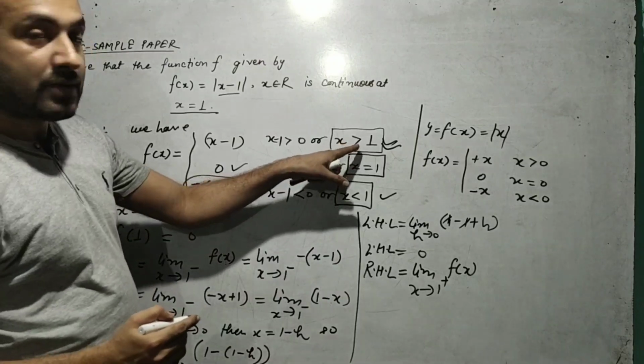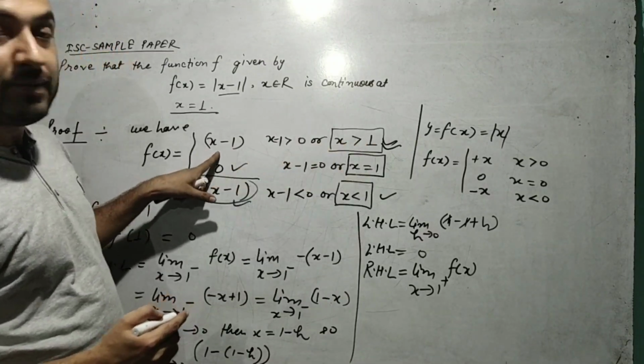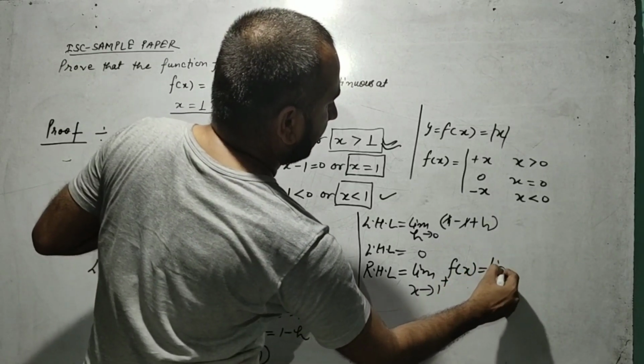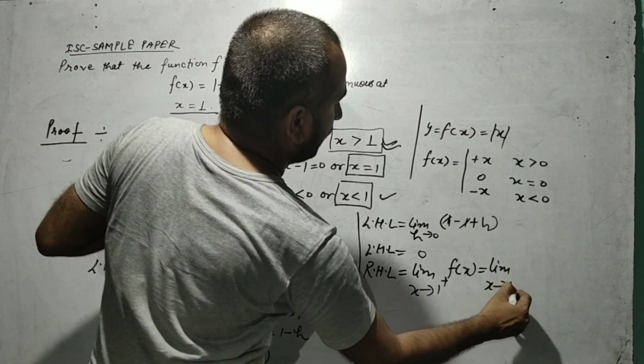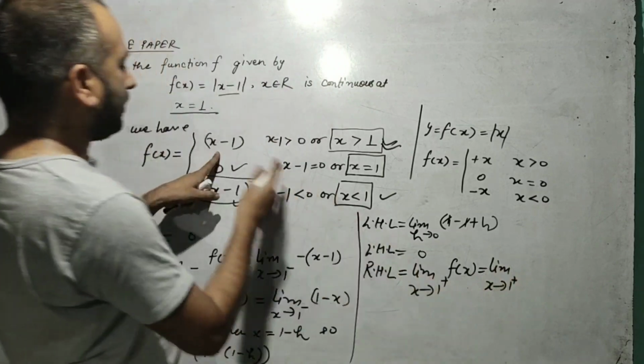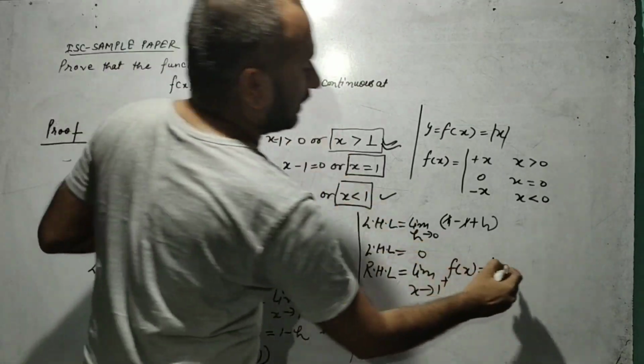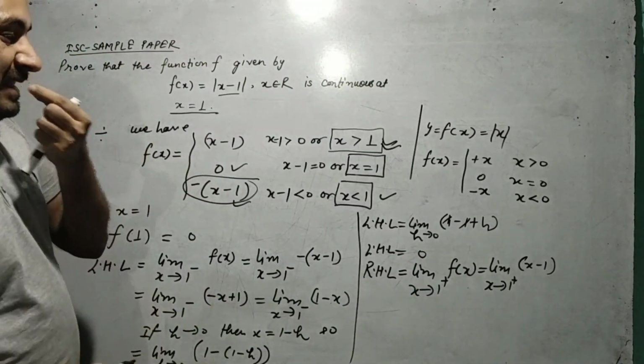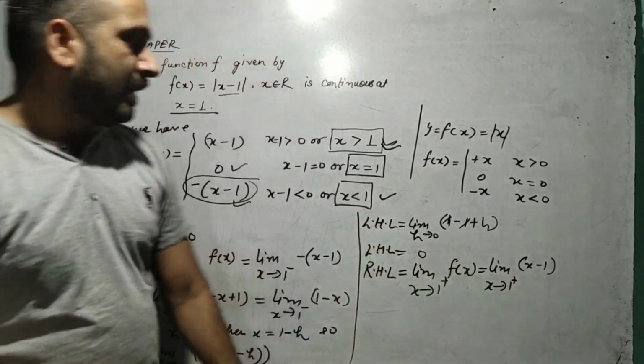What is the value of the function for x greater than 1? Here it will be positive x minus 1. So the limit as x approaches 1 plus, the value of the function will be x minus 1.